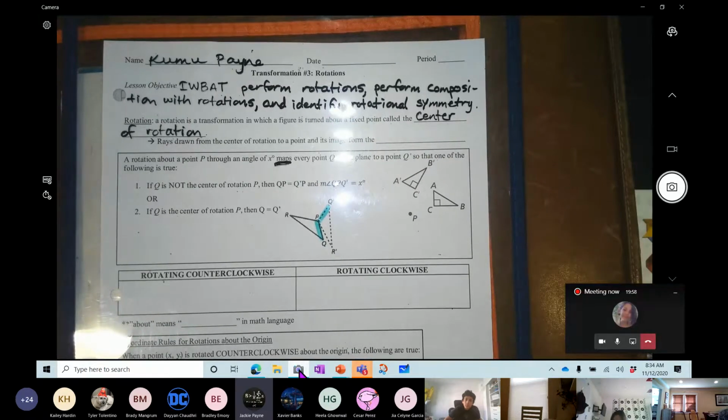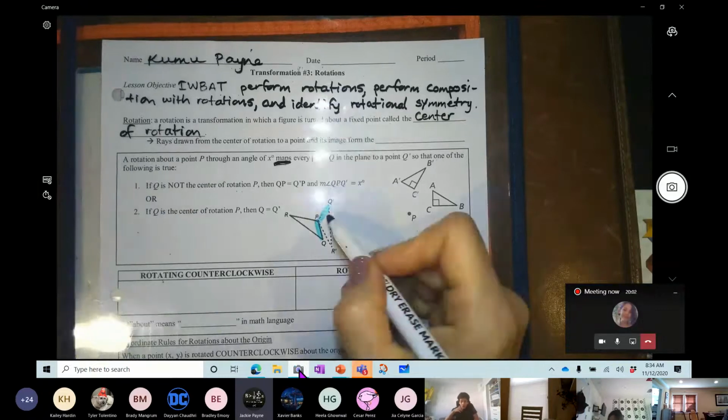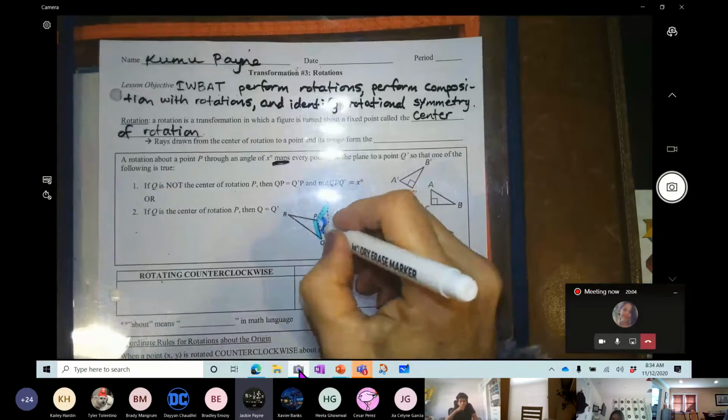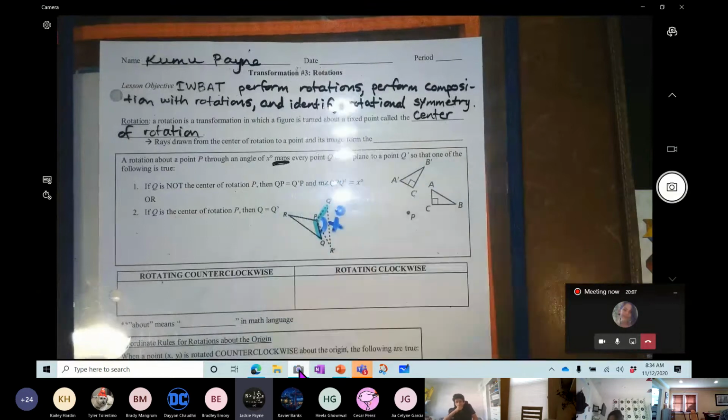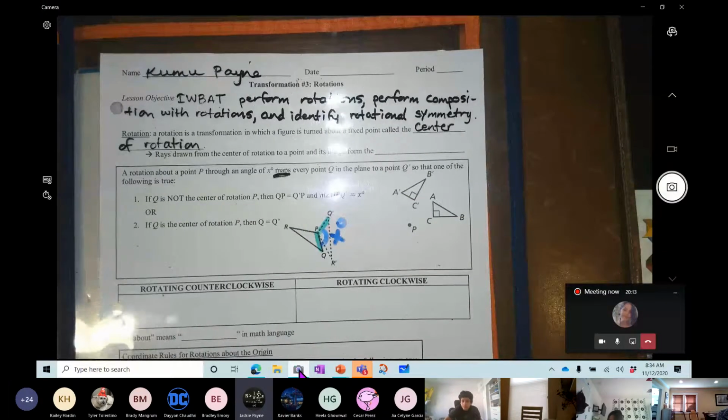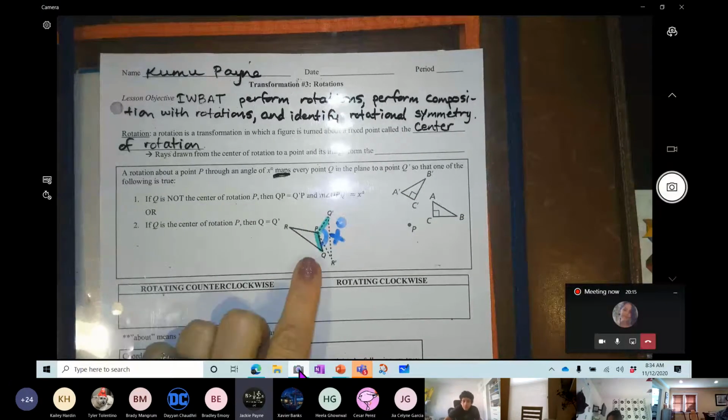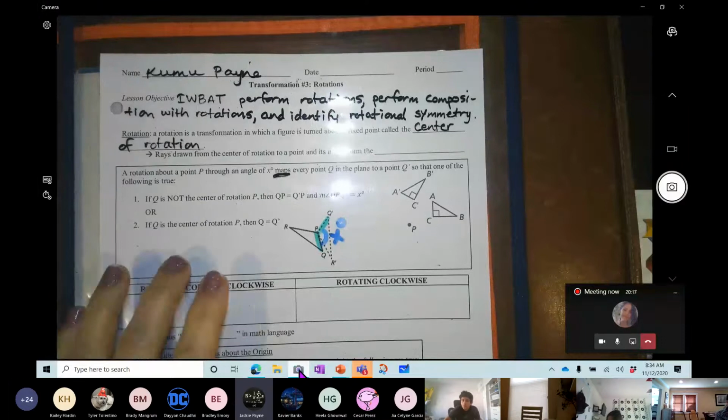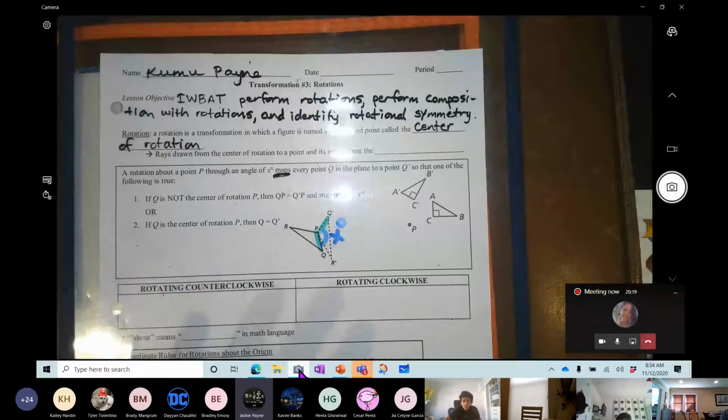And here's the other part: the angle between them, that's your X degrees. So if you move it 90 degrees, then that angle should measure 90. If you move it 200 degrees, that should be 200. And that's all you need to understand right now, the definition.